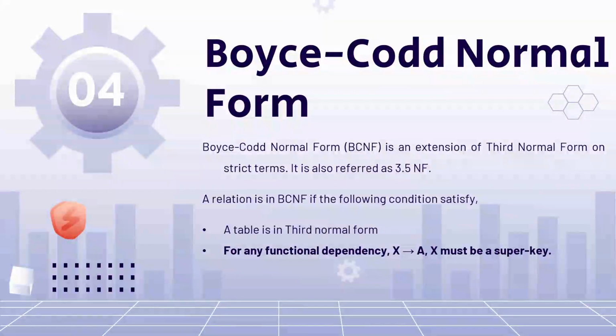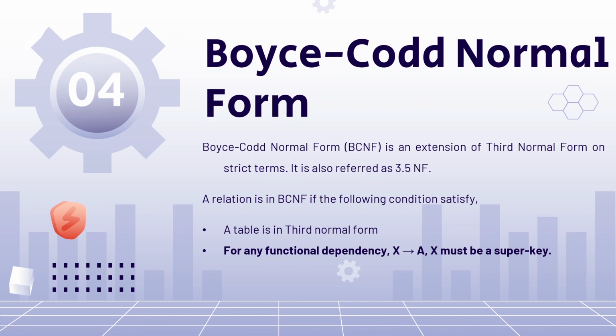Coming to BCNF or Boyce-Codd normal form, it is actually an extension of 3NF and a lot stricter version of 3NF. It is also called 3.5NF. So why is it called a stricter version of 3NF? See here, in 3NF, the condition was that in any functional dependency x determines y, either x should be a super key or y should be a prime attribute.